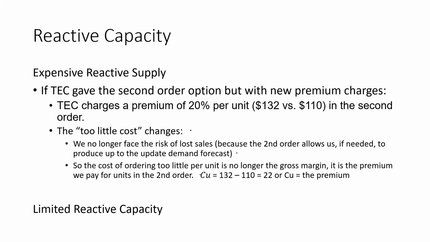It's 20% of 110, so it's $22. So we no longer face the risk of lost sales because the second order allows us to produce up to the updated demand forecast. So the cost of ordering too little per unit is no longer the gross margin. It is the premium we pay for units in the second order. So CU changes from the one order option to the two order options added. It's 132 minus 110, we get 22. So CU changes in the expensive reactive supply.